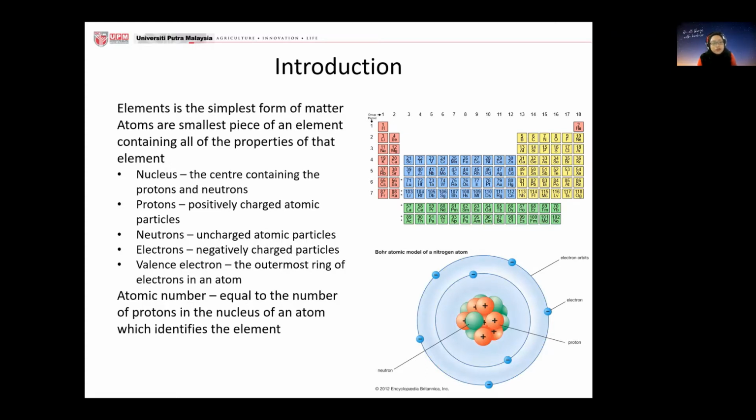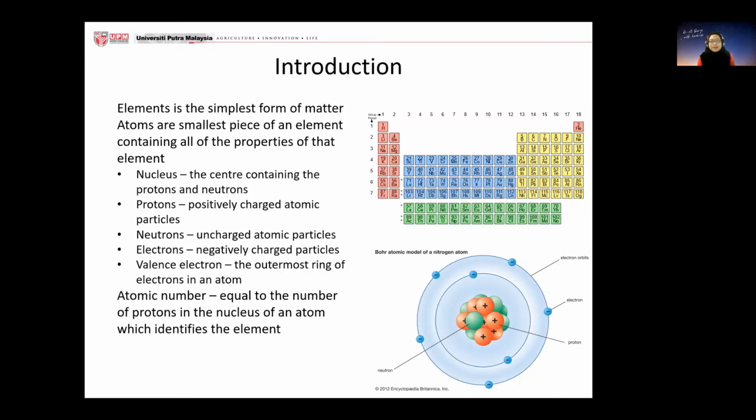So we have to zoom in to the very, very small elements and atoms. An element is the simplest form of matter, and it's made of atoms. An atom is the smallest piece of an element, and it contains all the properties of that element.